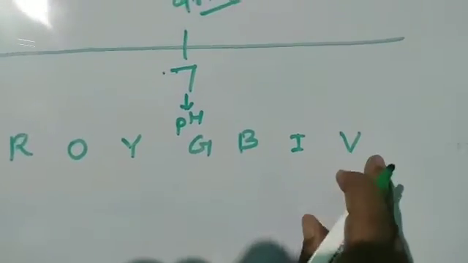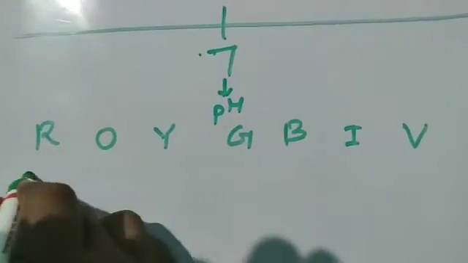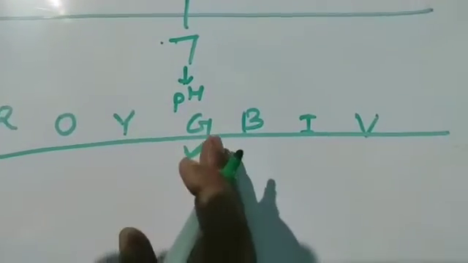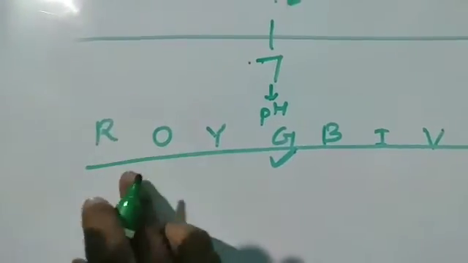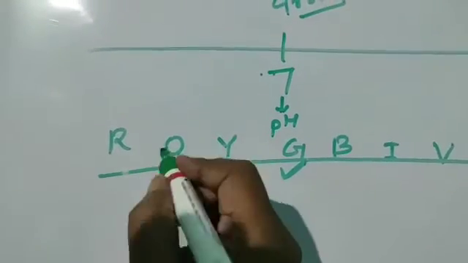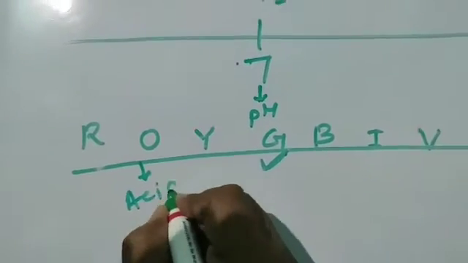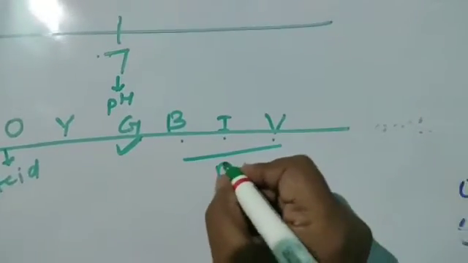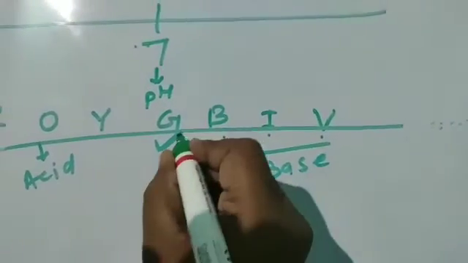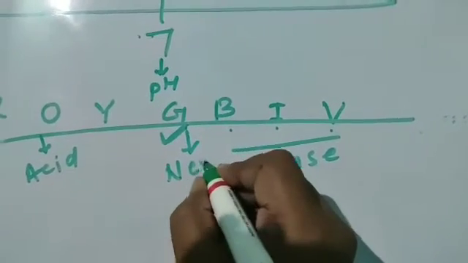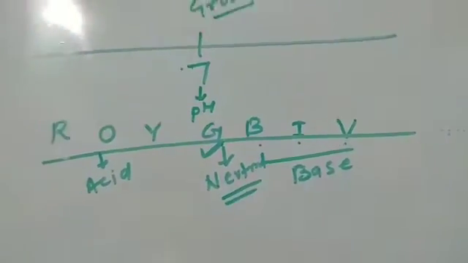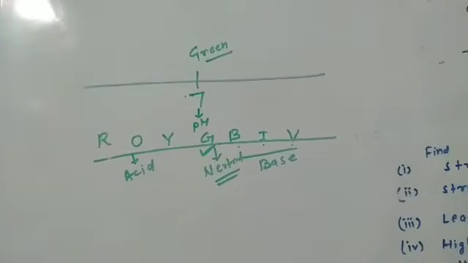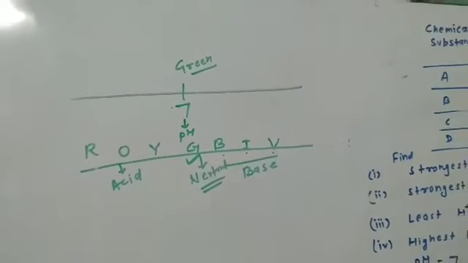If we arrange VIBGYOR in reverse order, then we see G, that is pH value 7. On the left side of G, orange, yellow and red all represent acid, while blue, indigo and violet indicate base, and green is neutral. With this information we can answer all these questions.